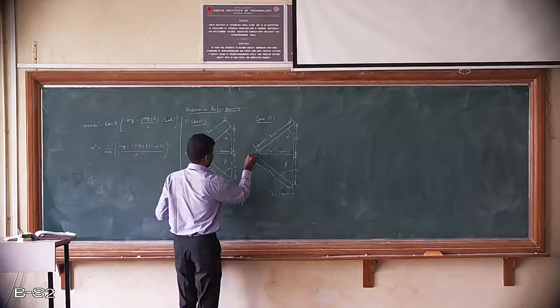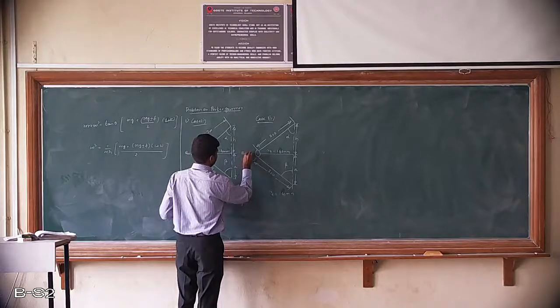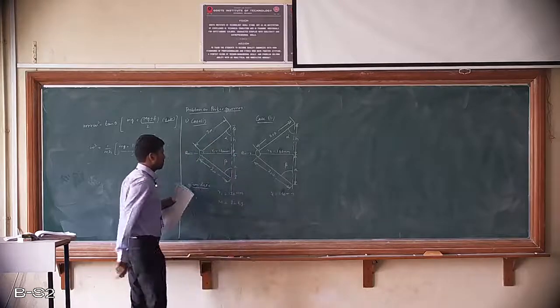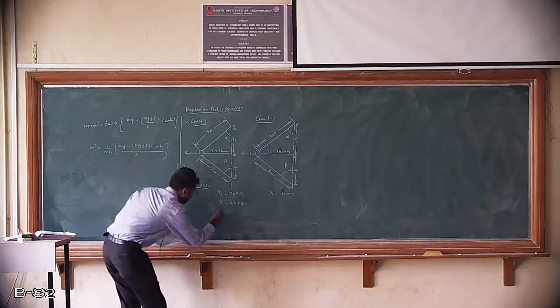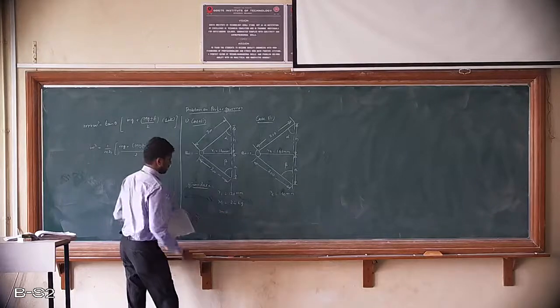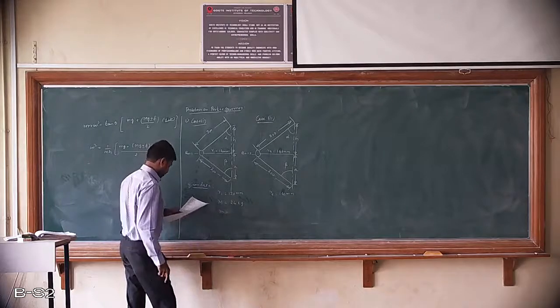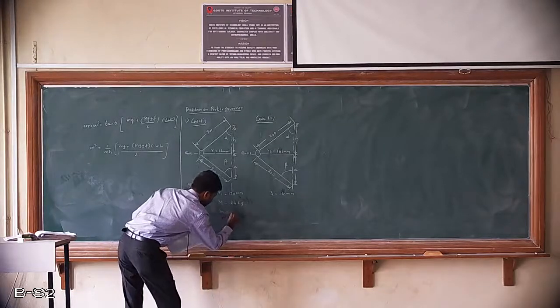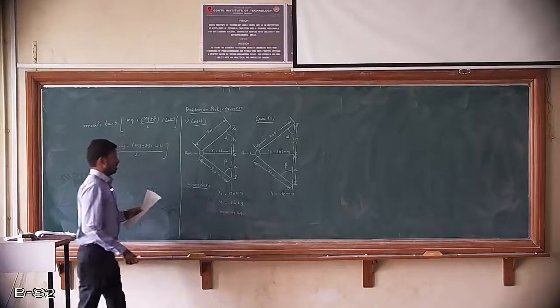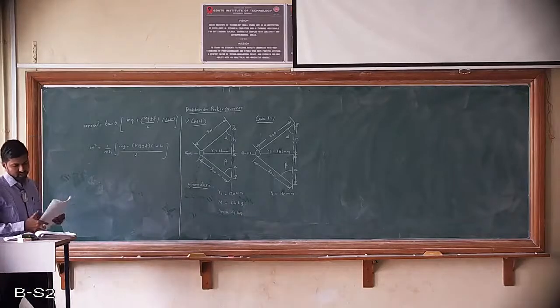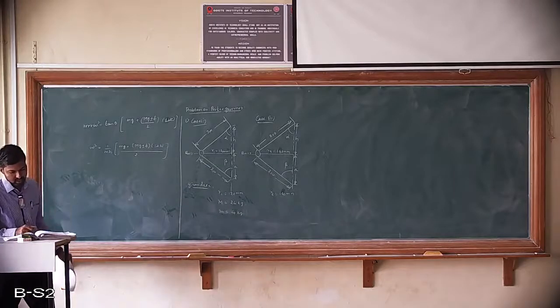These are called as the balls. The mass of ball I will denote as small m, and the mass of the ball is 4 kg.